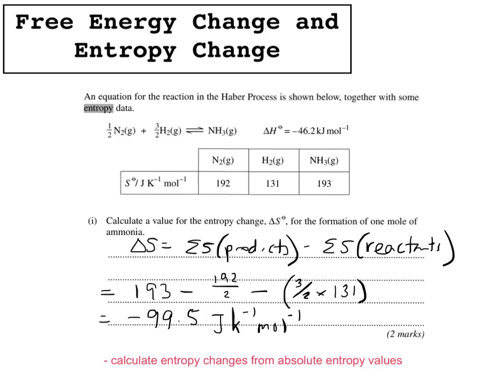Now it's important you realise that these entropy changes are usually in joules per Kelvin per mole because the enthalpy changes are always in kilojoules per mole, and it's important that you convert one or the other into the same value for energy.